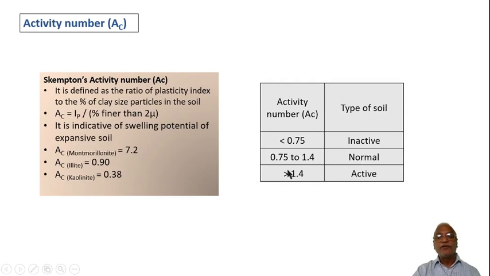But if the value is more than 1.4, then it is quite active. So this is a dangerous soil on which you cannot build any structure, because sooner it comes in contact with water, it expands enormously. And look at the value of 7.2, very dangerous.